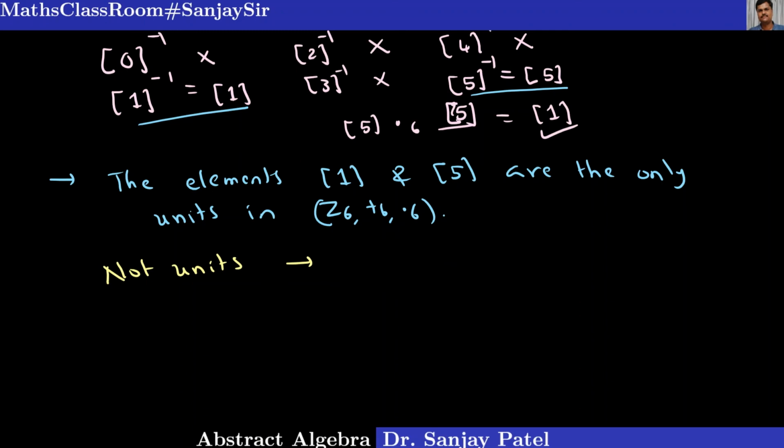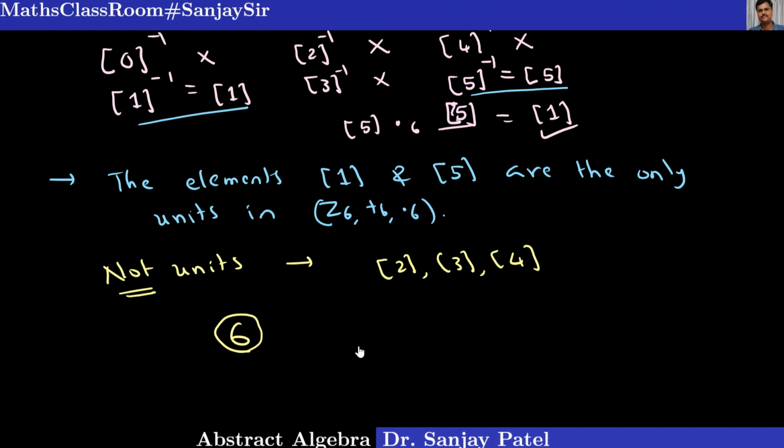Let me take 2, 3 and 4, the remaining elements other than 0. These three elements are not units. So what is the relation between the number 6 and these numbers which are units and these which are not units? If you observe very carefully, there is nothing common between 1 and 6. There is nothing common between 5 and 6.